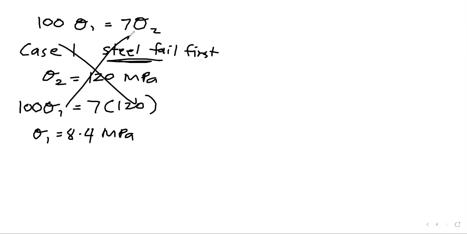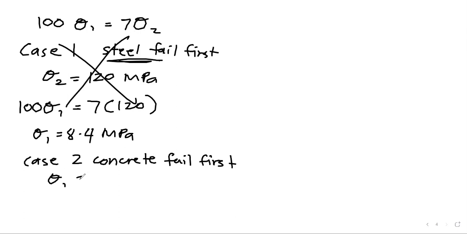So, try natin ngayon if concrete. So, case number 2 na tayo. Case 2. Concrete fails first. Okay? So, what if concrete yung unang mag-fail? So, stress 1 is equals to 6 megapascal. So, equate natin dyan. So, 100 multiplied by 6 is equals to 7 stress 2. So, solve na natin.